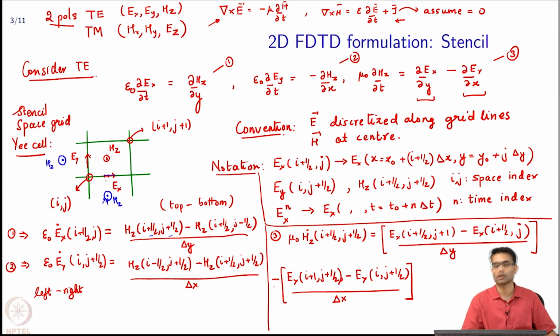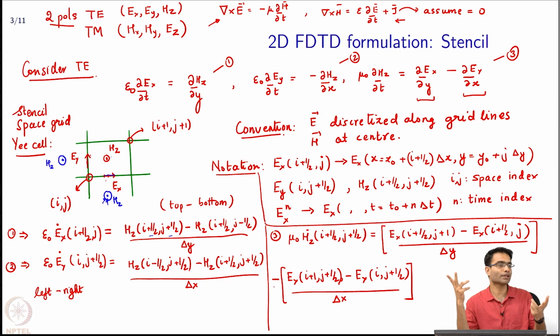Correct. Remember we have Maxwell's equations which are continuously varying everywhere. We want to solve them numerically, so we are forced to discretize. You are saying that Ex is only known at I plus half, comma j. What about Ex at I comma j, for example? There are two ways.